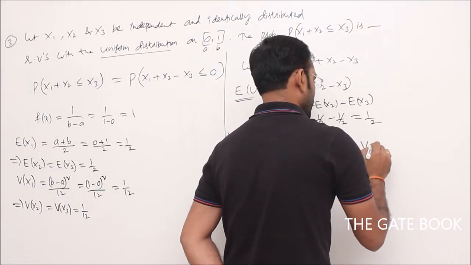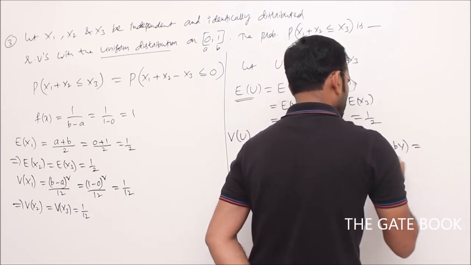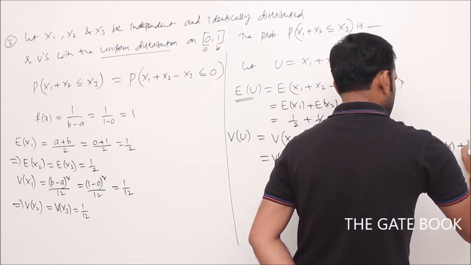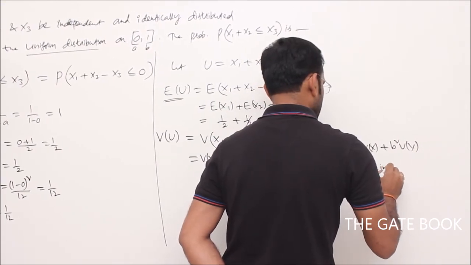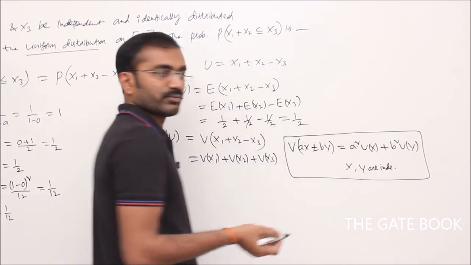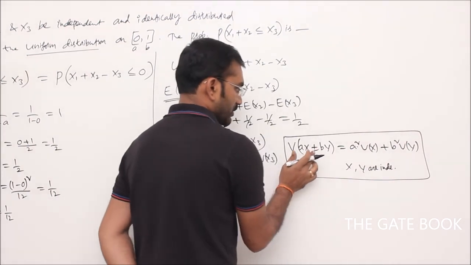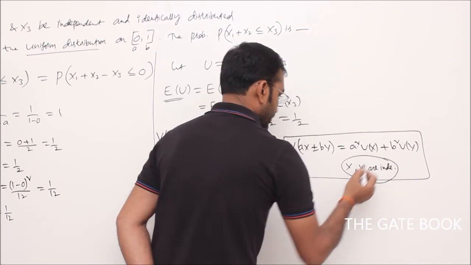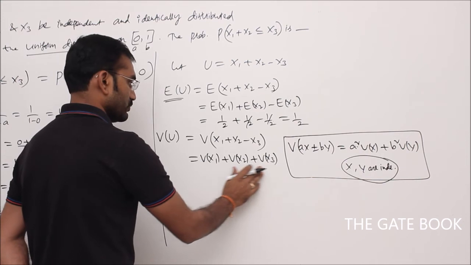I have given the formula for variance of ax plus or minus by for only two variables: it is a square variance of x plus b square variance of y, where x, y are independent. We can extend this to three variables, and more than three also. So here we have three variables, x1, x2, x3. Even though minus is there, we will get plus only. Since x1, x2, x3 are independent, again V of x1, V of x2, V of x3.